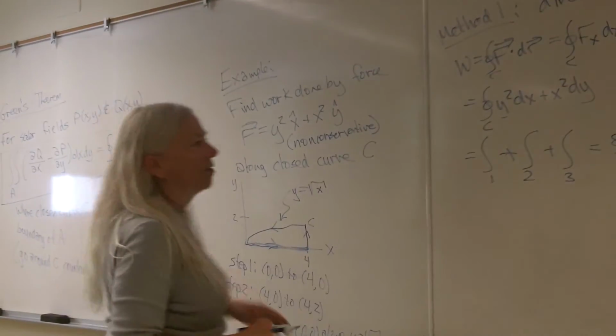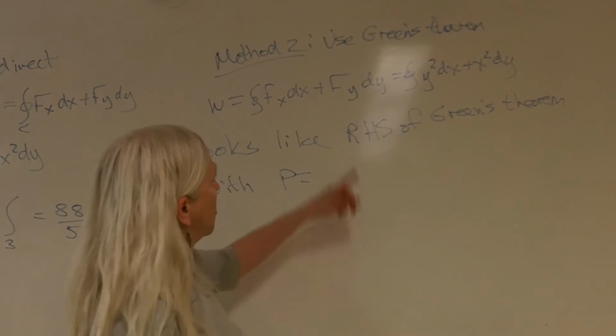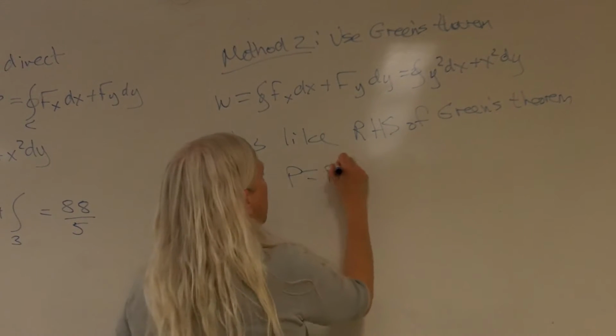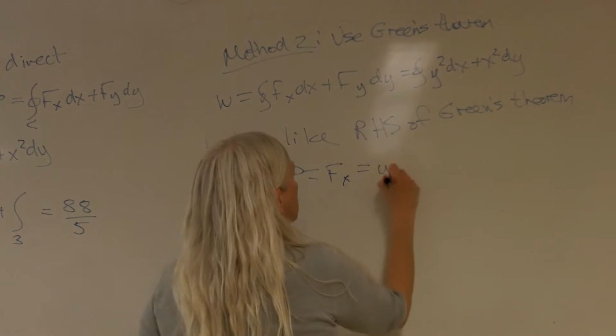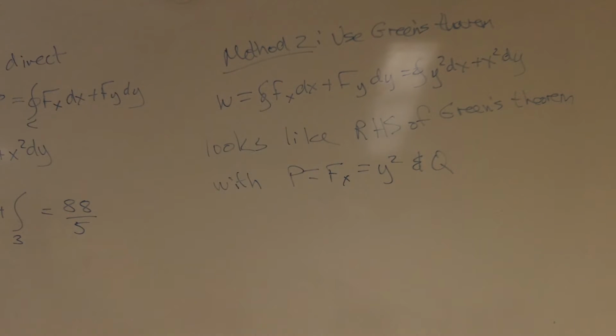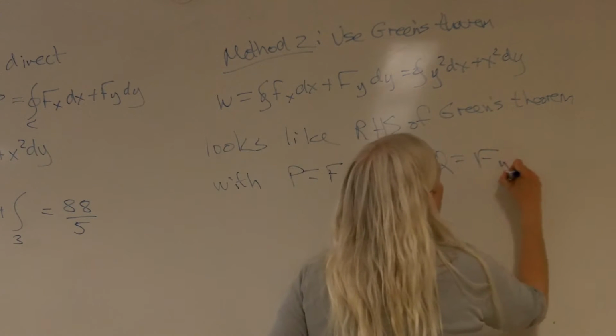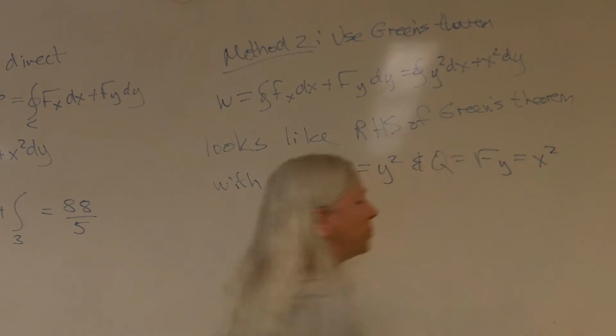As long as we identify P, right, that's the coefficient of the dx, so P will be f sub x, in other words, y squared, and Q is the coefficient of dy on the right-hand side of Green's theorem, so that's going to be equal to f sub y, or in turn, x squared.